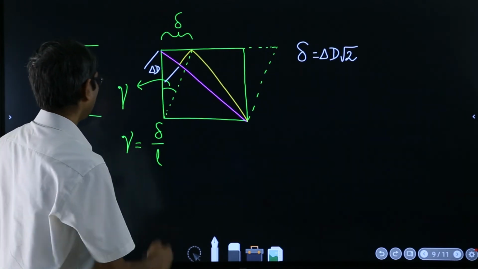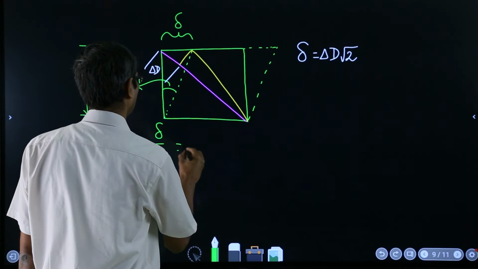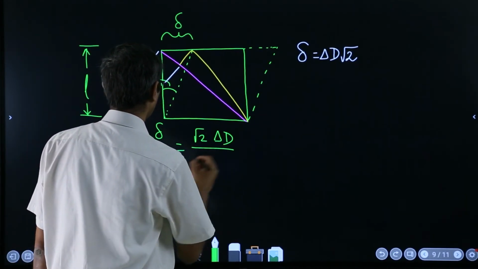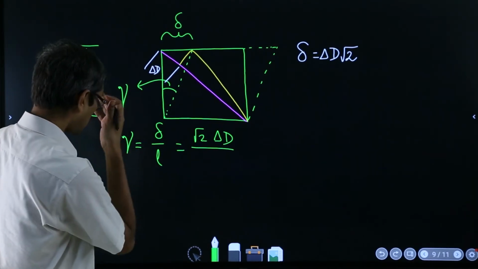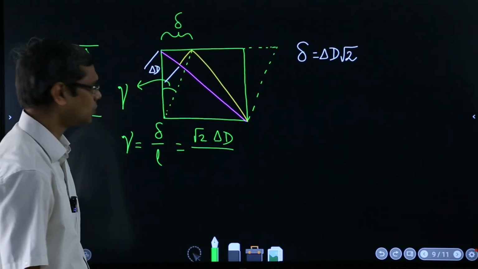Okay. So that means here I can just substitute that root 2 delta D over L, but then L is what? D over root 2.